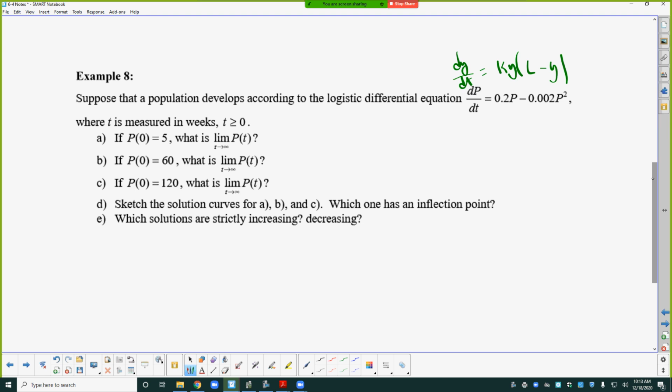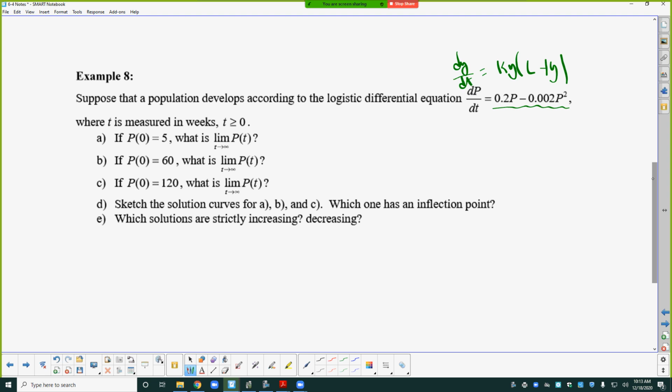I don't feel like doing that whole process. I've got to factor, right? I've got 1y in my differential equation. My logistic differential equation is of the format L minus 1y, so I've got to make this one minus 1p.